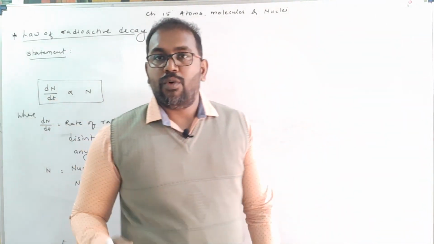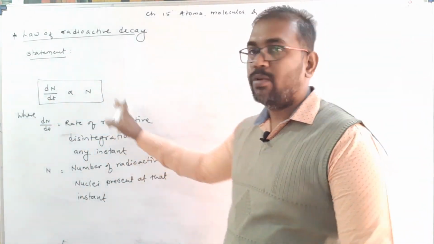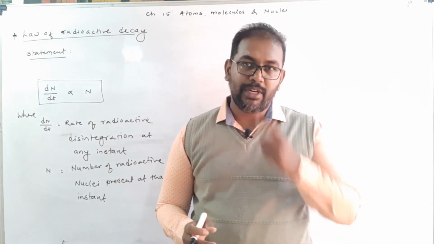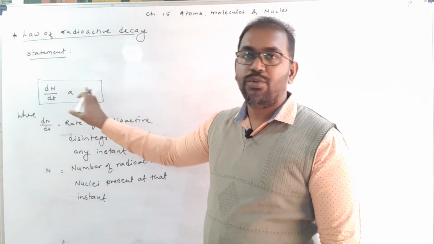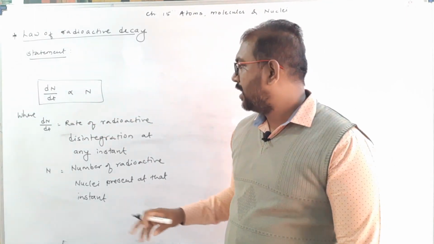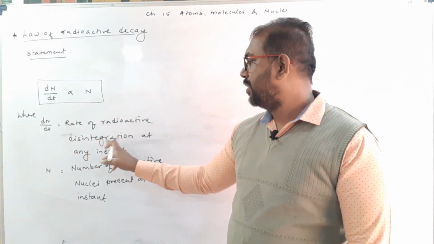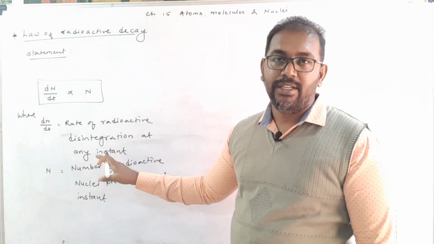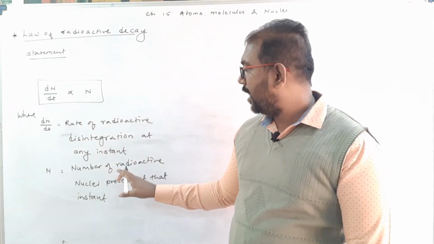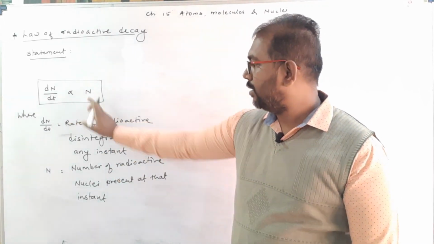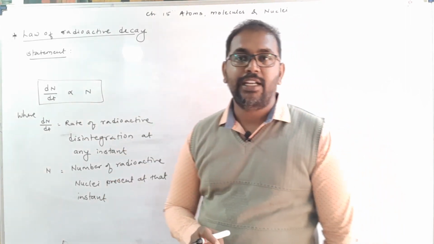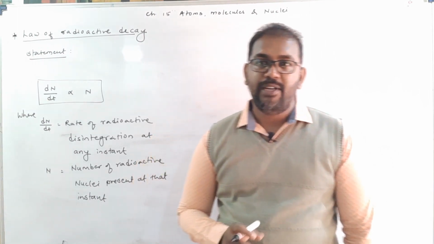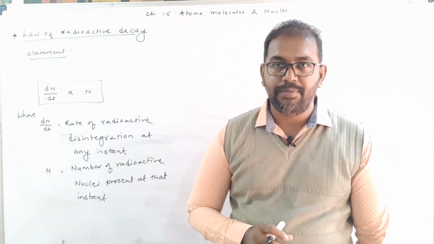Now that I have told you what dN by dt is and what N is, you are able to write down the law of radioactive decay. The rate of radioactive disintegration at any instant is directly proportional to the number of radioactive nuclei present at that instant. So this is the statement for the law of radioactive decay.